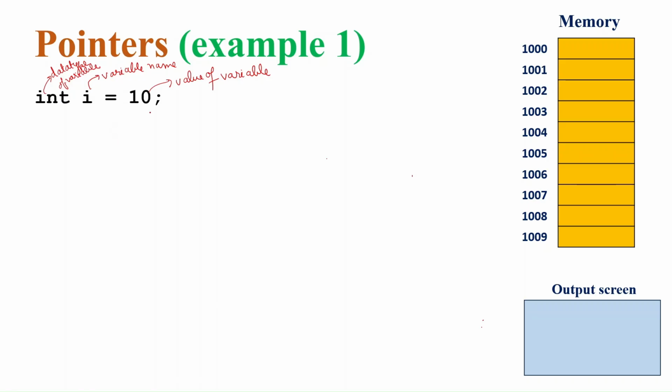So when we write this line, this variable i is assigned some space in memory. How much space? It depends on the data type of the variable. Here the data type is integer. Suppose the compiler for an int variable occupies 4 bytes.